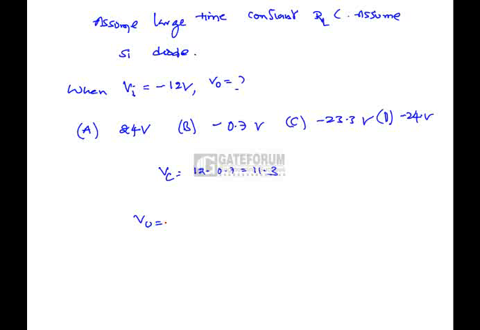Means V0 is nothing but Vi minus Vc. So it is going to be minus 12 minus 11.3 when Vi is minus 12, that is minus 23.3. Hence option C is correct.